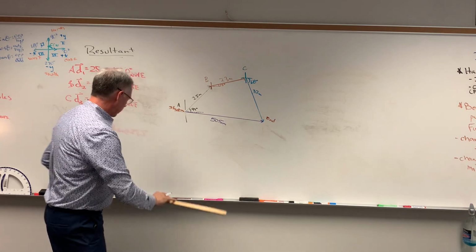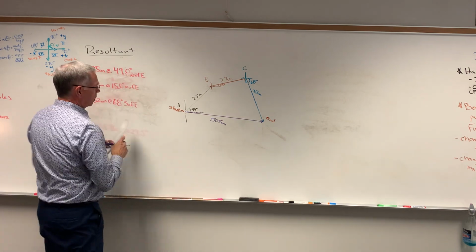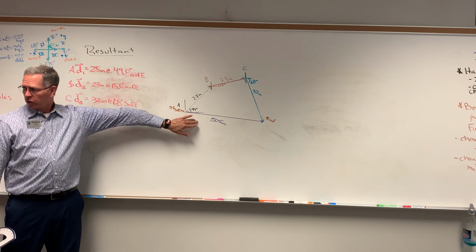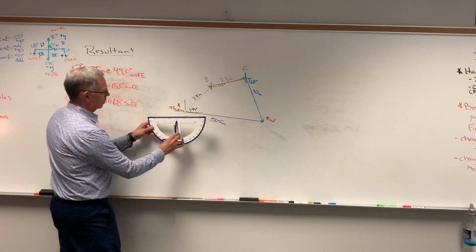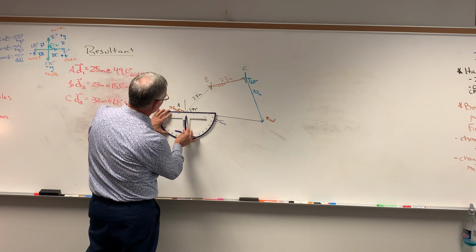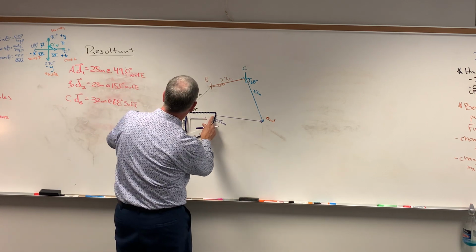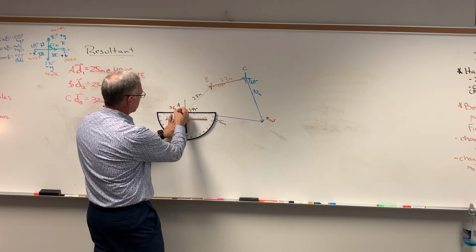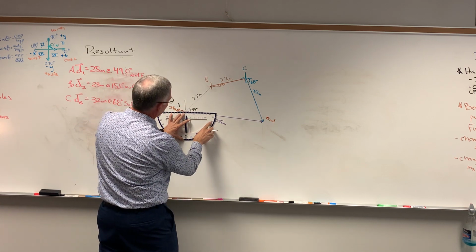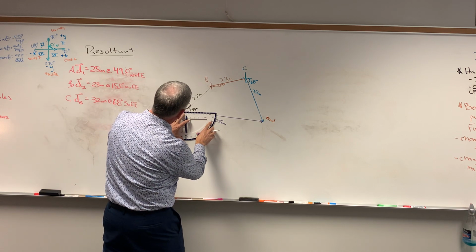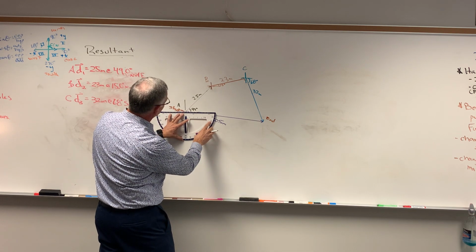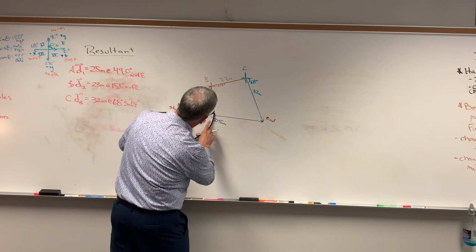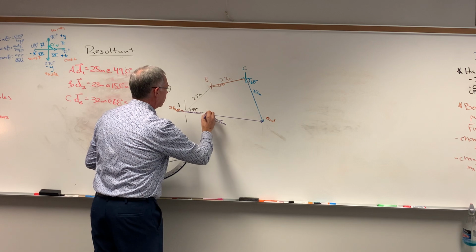And then you need to measure the angle. It's in the fourth quadrant, barely. So turn your protractor upside down and line it up using that first reference system that you drew, and I get about 6 degrees or so.